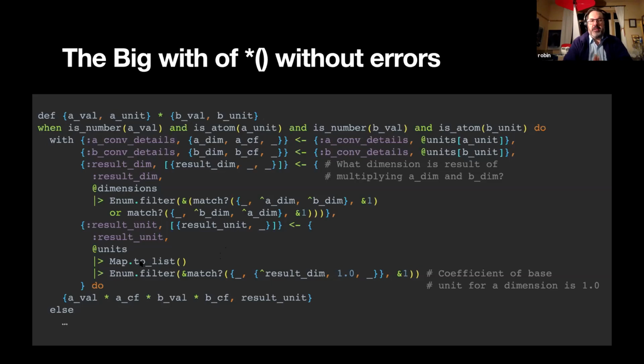What we're doing there is looking up in the units, trying to find the unit which has a coefficient of 1 because that's the home unit. So in the case of area, we find out that square meters is the home unit for area. And once we've got all of those things, we can calculate the result down here, which is just the A value times the A coefficient times the B value times the B coefficient.